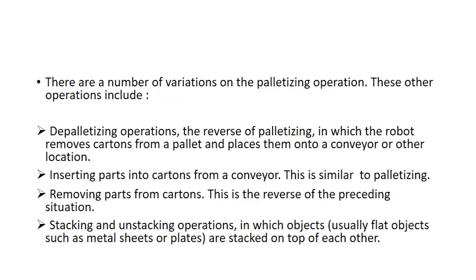There are a number of variations on the palletizing operation. These other operations include depalletizing operations, the reverse of palletizing, in which the robot removes cartons from a pallet and places them onto a conveyor or other location.